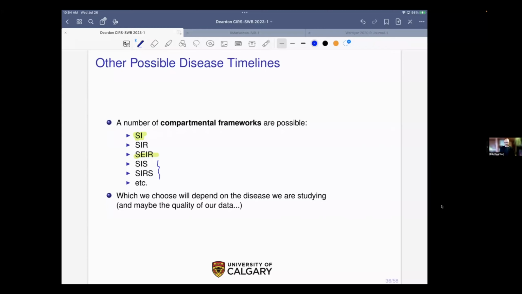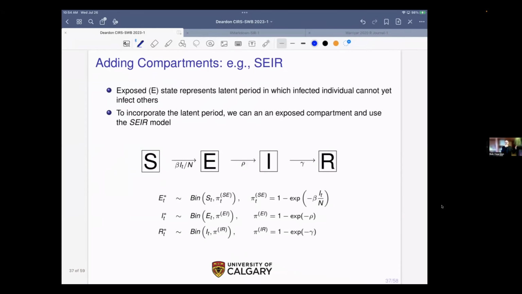So if you remember, I had that initial flow diagram with my rates, there would be another rate, let's call it lambda, at which individuals go back to being susceptible, for example. And you can build up the model quite simply in that way to make these things quite complex. Okay, so just to show you how simple that is in terms of an SEIR model, which is one of the simplest models.